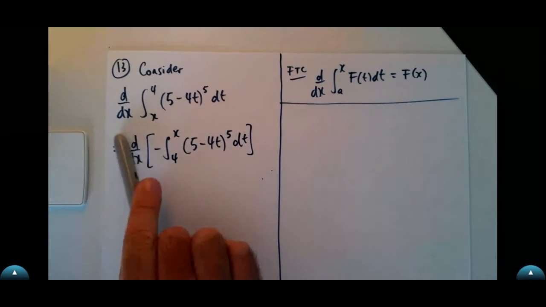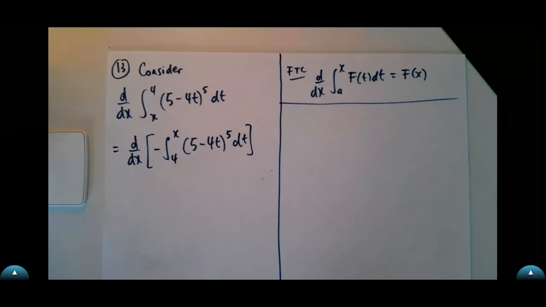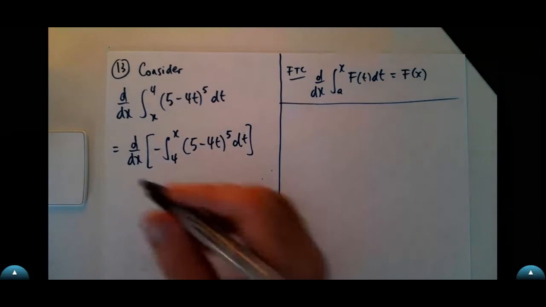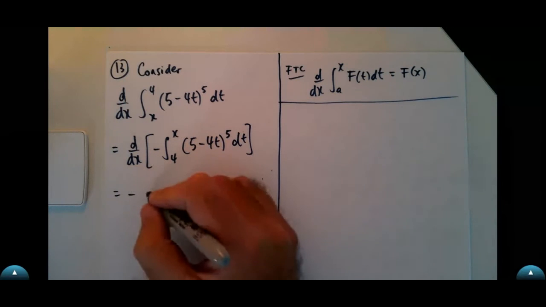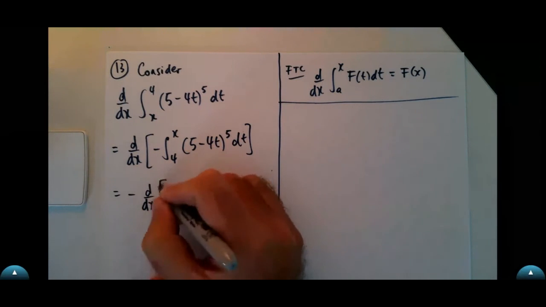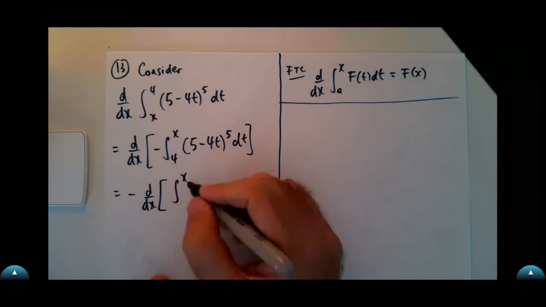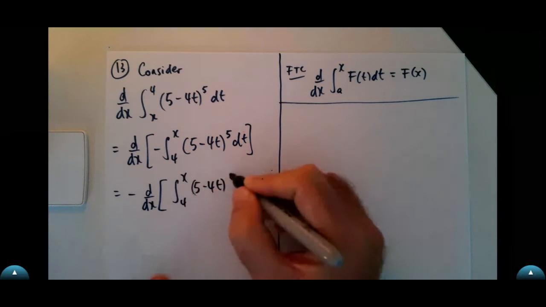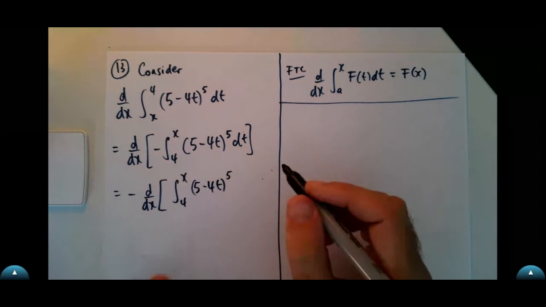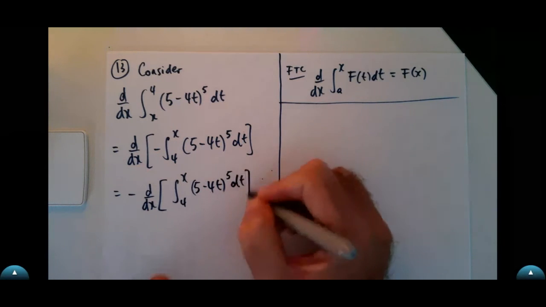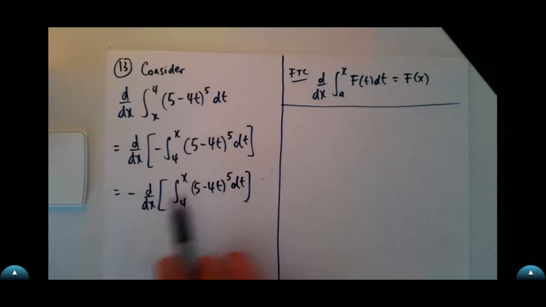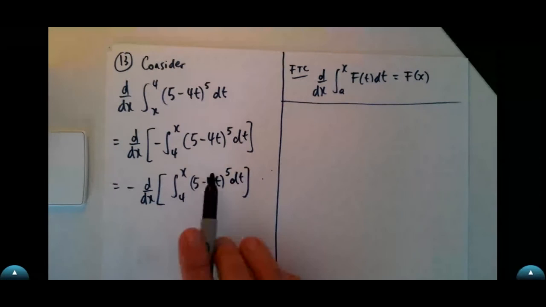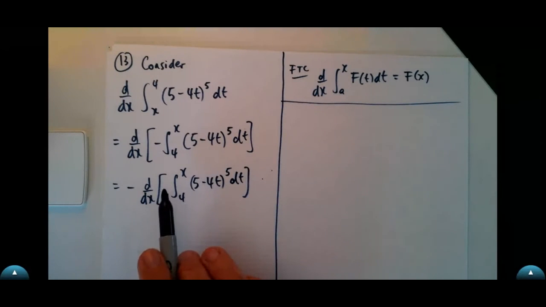Okay, and now that negative sign can come out there, and we can do the differentiation as we expected, right? So now what we can do is apply the first fundamental theorem of calculus.